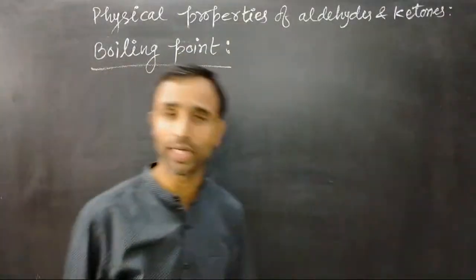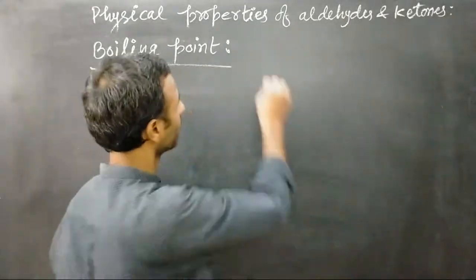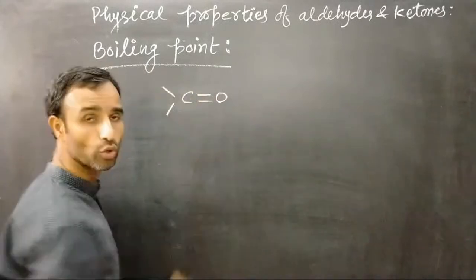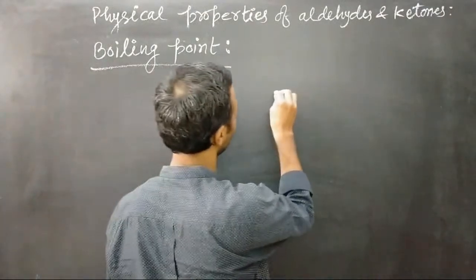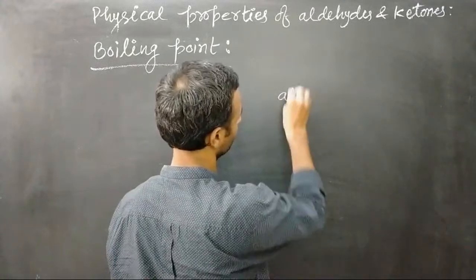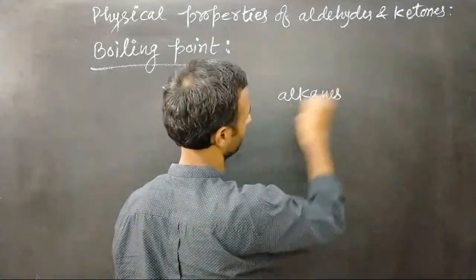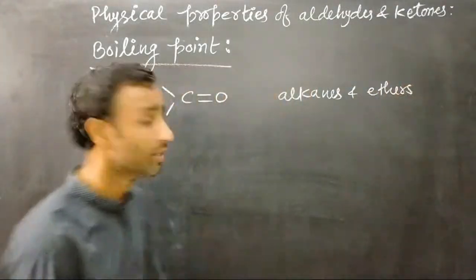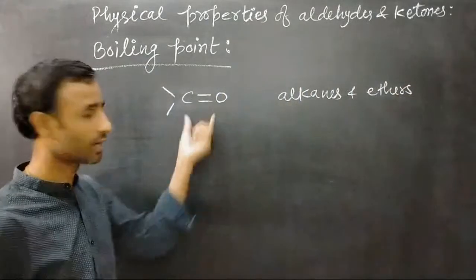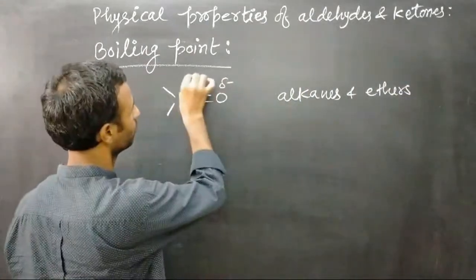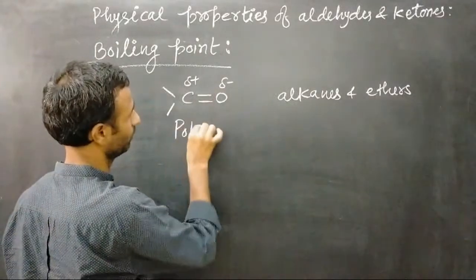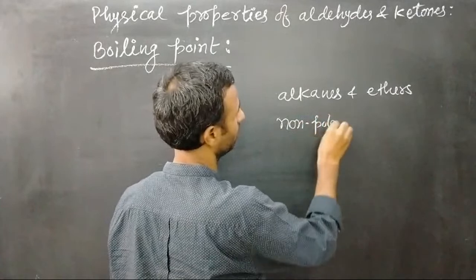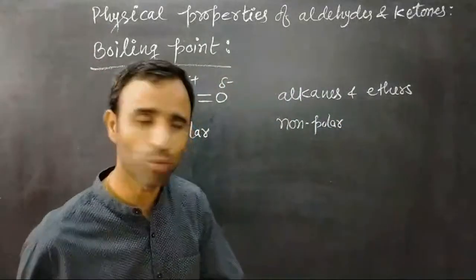So boiling point, you know, if we compare aldehyde or ketone with alkanes and ethers, obviously this part means CO group is polar, alkanes are non-polar, ethers are very slightly polar.